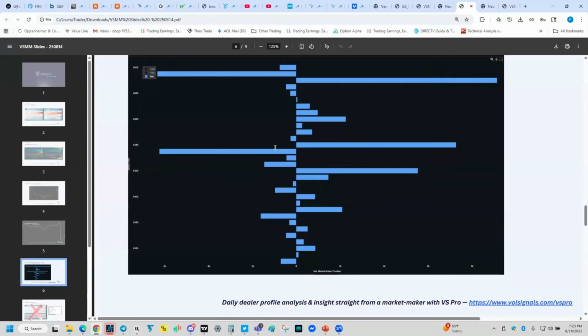Somebody bought an option, so he sold that option. He's short that option, and as the stock moves up toward it, he's getting shorter and shorter. That's like if you sold a call and it's moving up, you're losing money. It's the same thing. He's getting shorter and shorter. But what he does, he has to buy the stock.